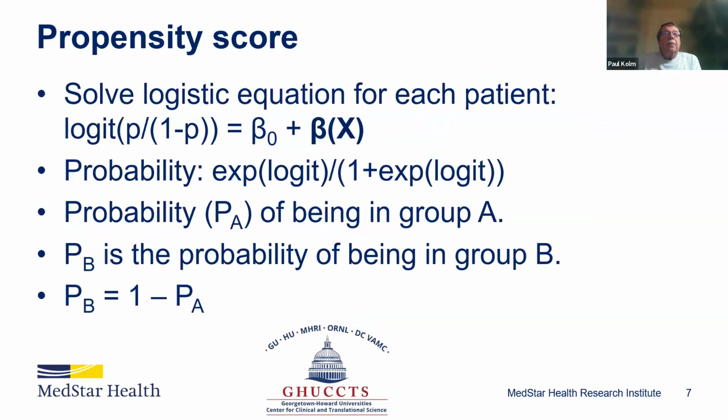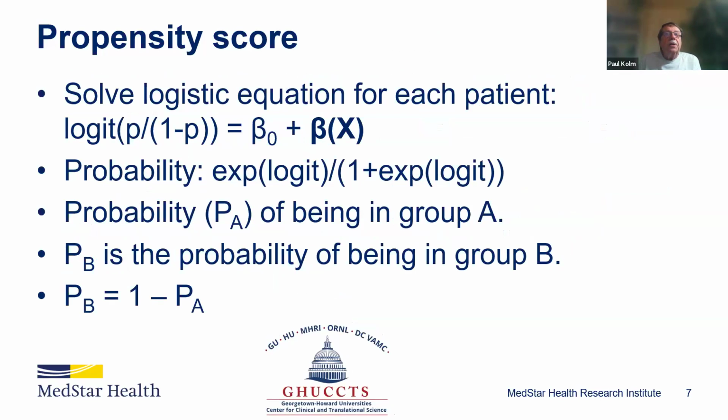So as I mentioned, we're going to solve a logistic regression equation for each patient. And as you know, the logit is the probability of an event divided by 1 minus the probability of the event, or the odds.